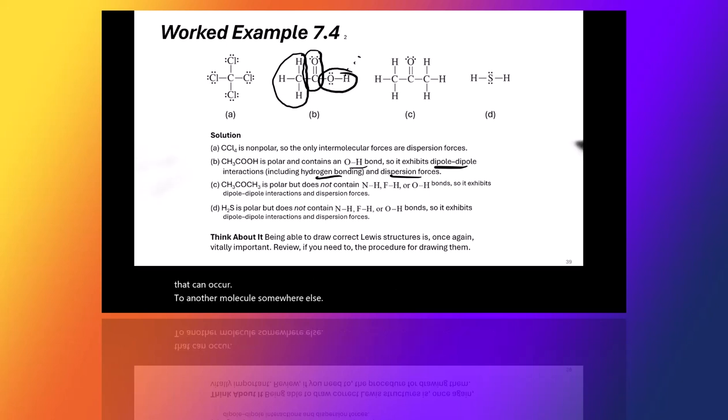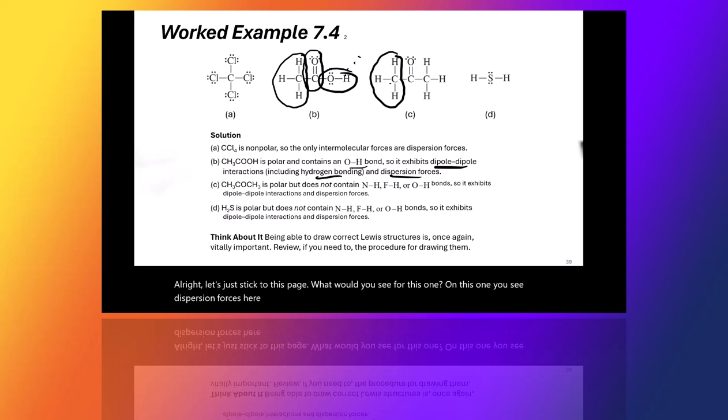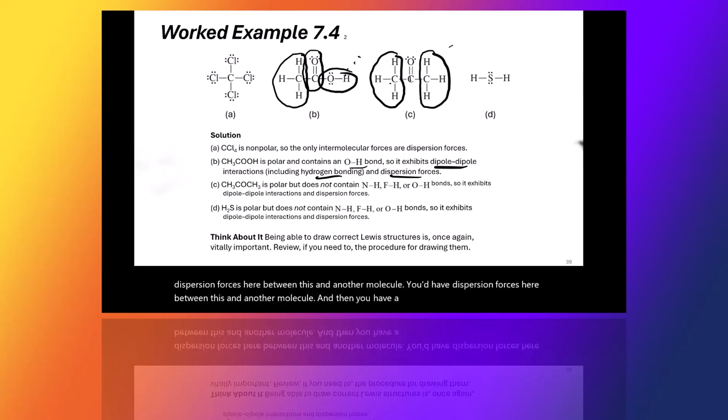All right, let's just stick to this page. What would you see for this one? On this one, you see dispersion forces here between this and another molecule. You'd have dispersion forces here between this and another molecule. And then you'd have a dipole interaction here with another molecule. Maybe like there's another one of these molecules right above it. There would be an attraction, and then there's a double bonded oxygen here.